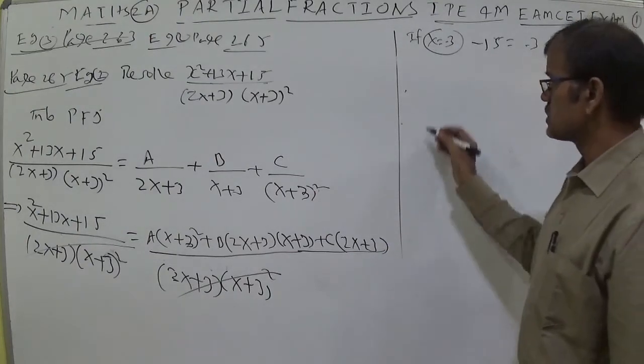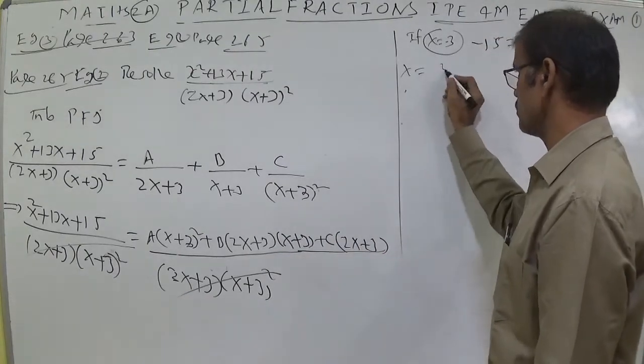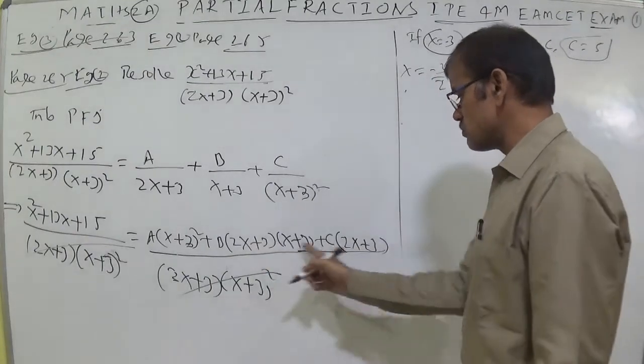Next, x = -3 is completed. Next, using the other zero, x = -3/2, substitute. So this becomes 0 and this becomes 0.